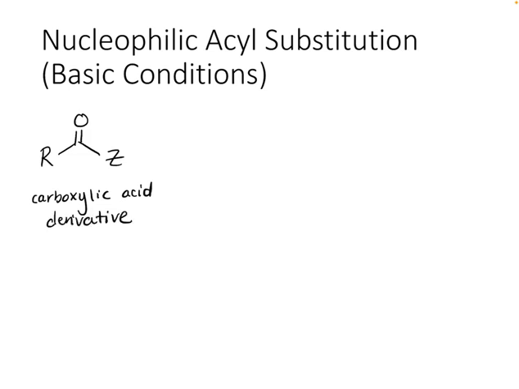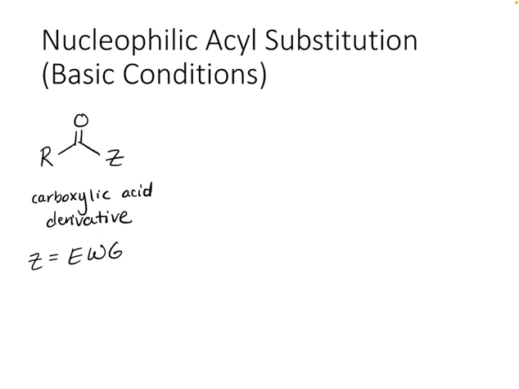And that Z group, remember, is an electron withdrawing group. So that could be a chloride, that could be part of our anhydride, so that carboxylate group, it could be the alkoxide group, or the NH2 group that we saw, depending on which derivative you have.